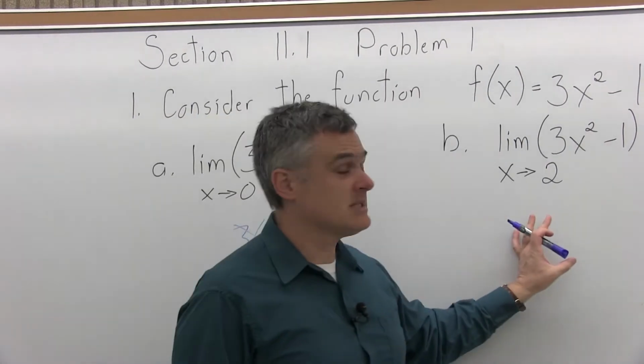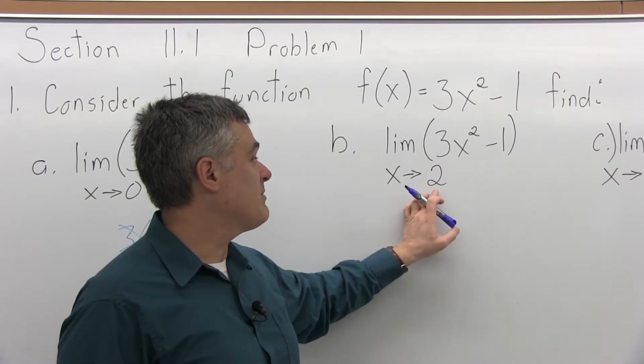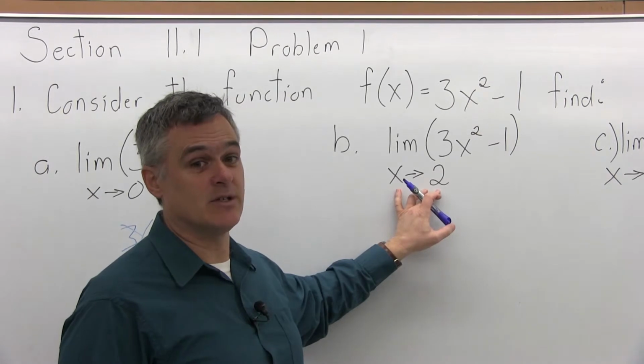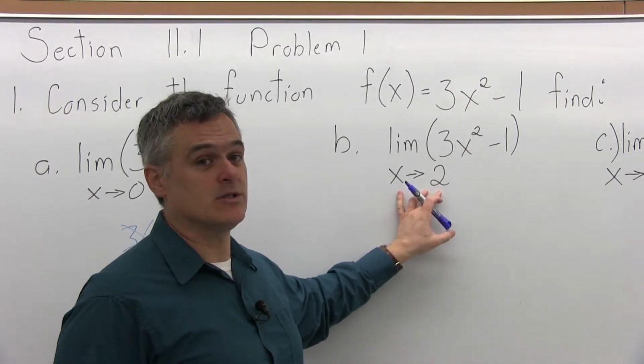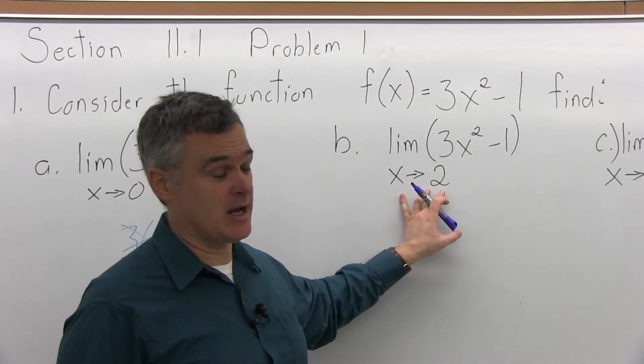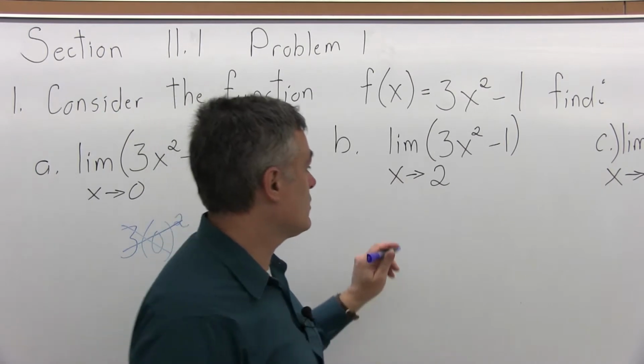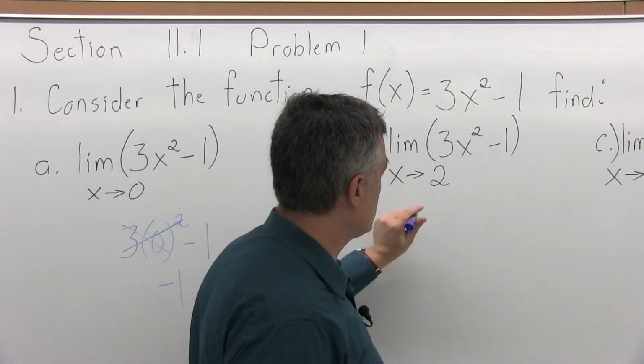Now B, the same function, f of x is 3x squared minus 1. Now see what happens as you let the input values, or x values on the graph, get really close to 2. So again, we're not really putting in a 2, we're putting in like 1.9999 or 2.000001. But what height or output it'll get close to is very close to what's happening when you put in a 2.